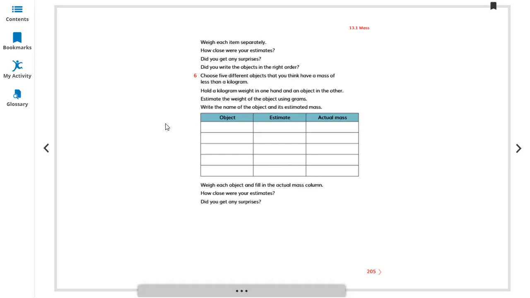Estimate the weight of the object using gram. Now there are digital small kind of unit meter. You can use that digital, so you can just hang it with that scale, so you can find easily the answer. So write the name of the object and its estimate. So as the previous, you are using the same objects and then measure the weight. You can write in the boxes.